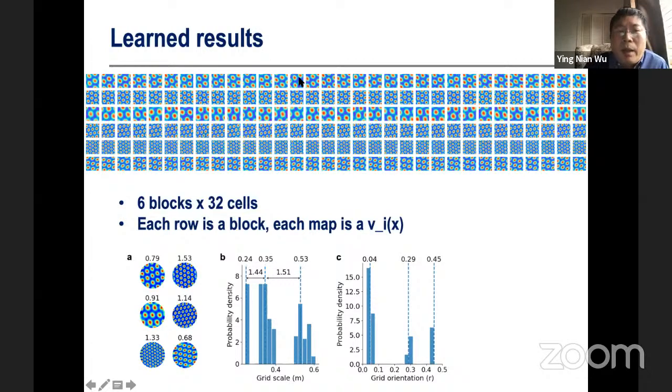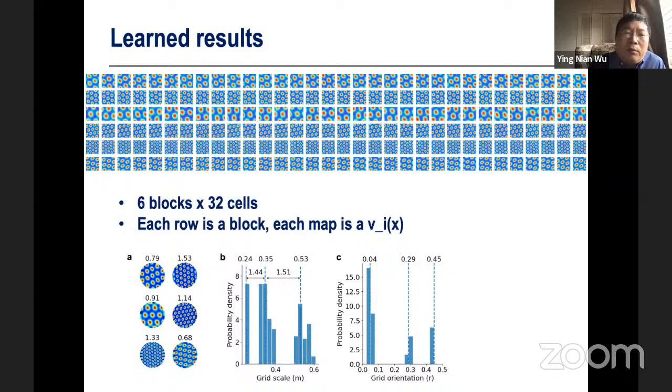We compare the learned result with some neuroscience observations, for example, the gridness. Actually, it's obvious that all those cells show a very clear grid pattern. Nonetheless, we still calculate the gridness scores, and they all pass the test for being a grid cell.